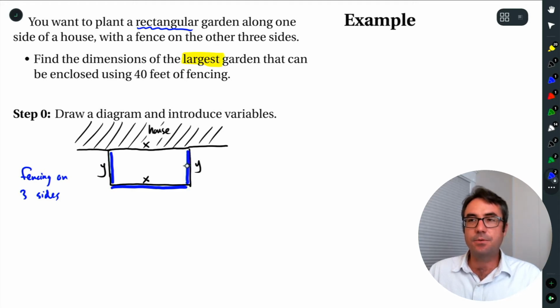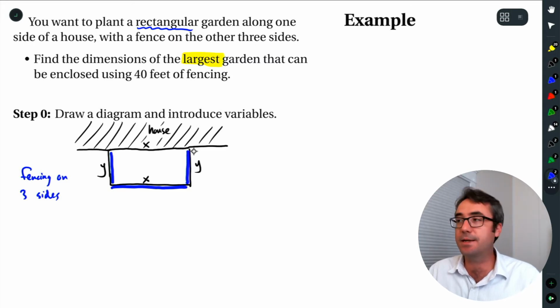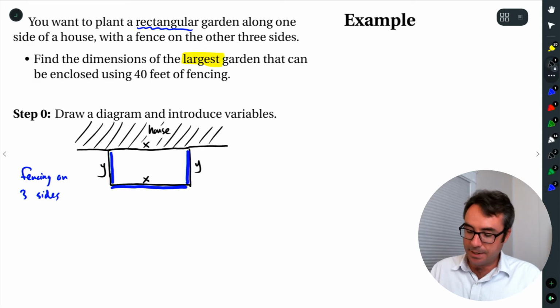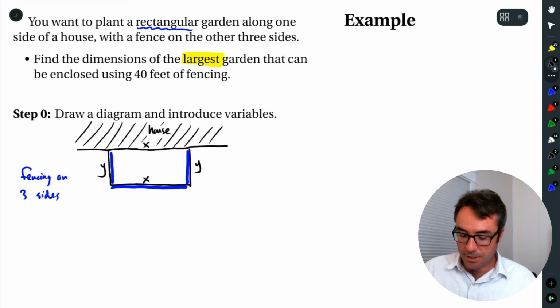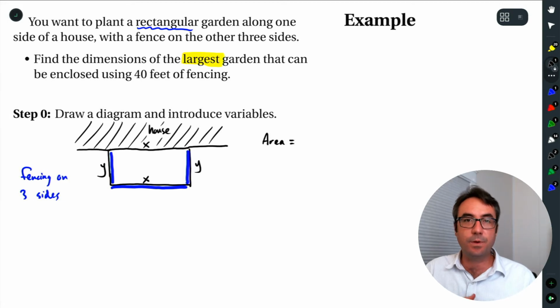For a rectangle, there are different ways we can measure the size. We can talk about the area. The area of a rectangle would be width times height, or length times width. In this case, with our variables, it would be x times y.